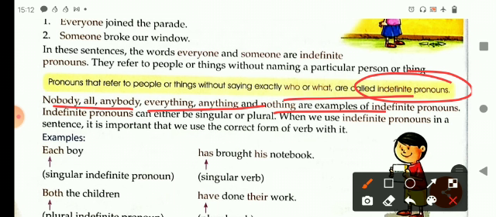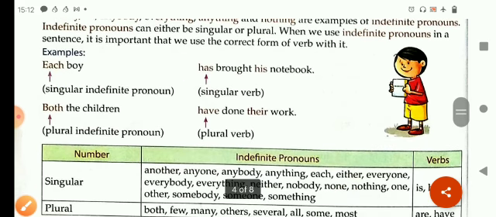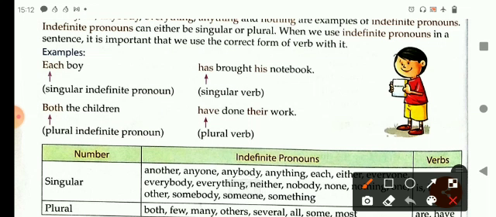Now it is important that we use the correct form of the verb with them. For example, each boy is a singular indefinite pronoun. When the subject is singular, we use has, a singular verb: Each boy has brought his notebook. If the subject is singular, the verb should be in singular form.